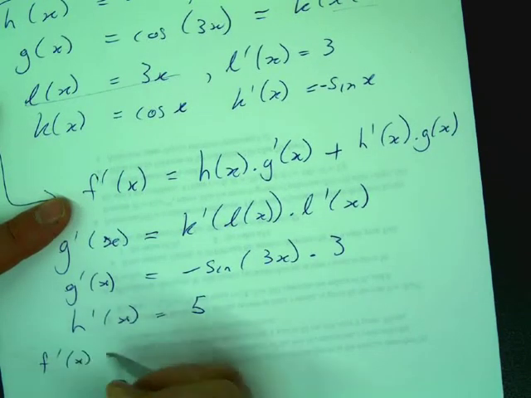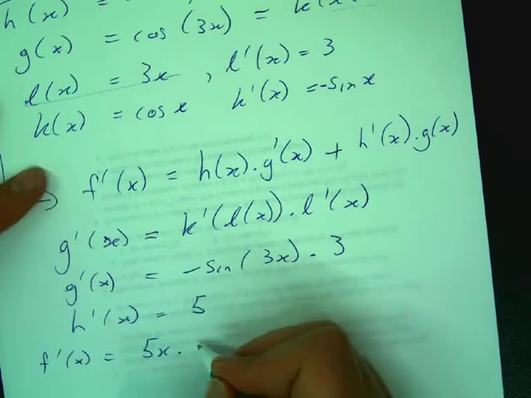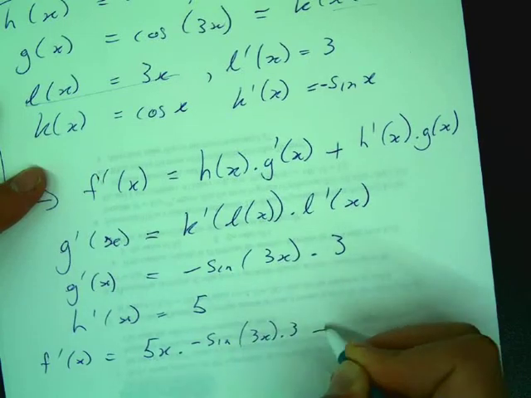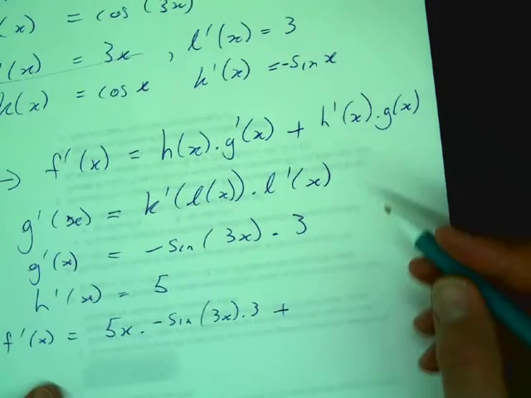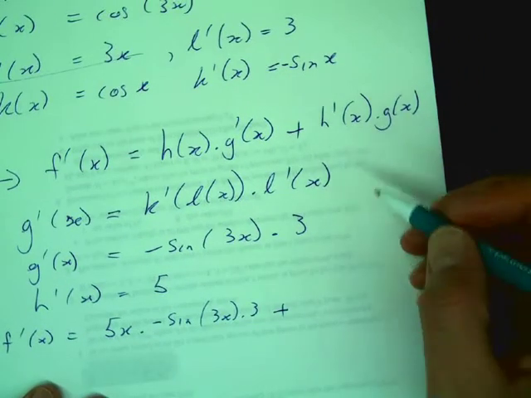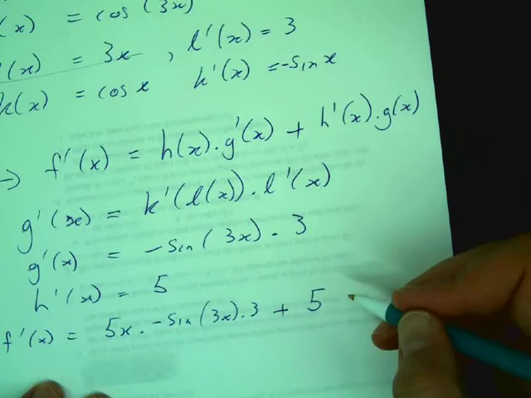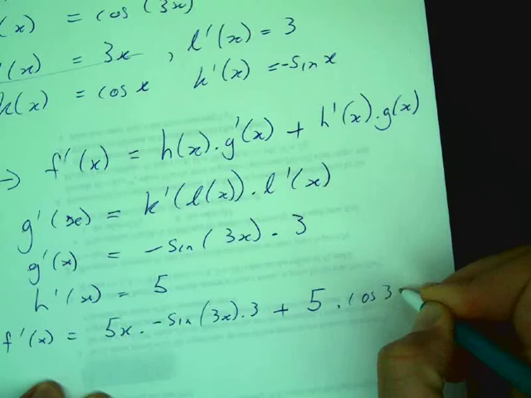And I have f'(x): h(x) is 5x, g'(x) is negative sine 3x times 3, plus h'(x), which is 5, times g(x), which is cos of 3x.